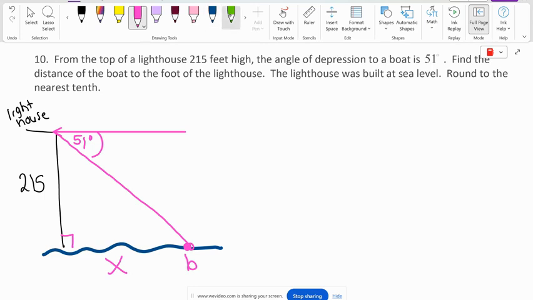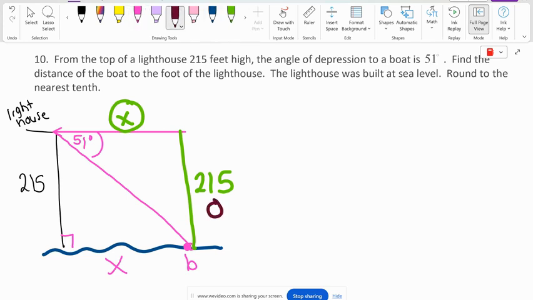So what I recommend we do is close this up, make a rectangle. So if the left is 215, the right is 215. If the bottom's x, the top is x, and this is what we need to find. So I have opposite and adjacent. Which trig function? Tangent.